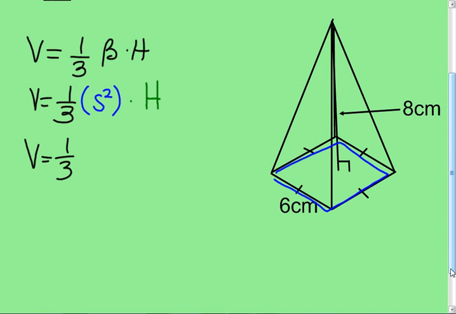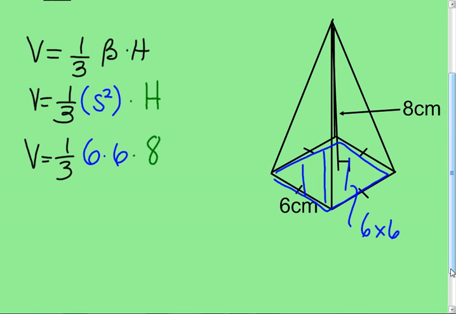I want the area of this square. What's the area of that square? It's 6 times 6. I'm going to write it out that way. And then the height is 8. And I can take 1/3 of 6. Now, you guys could put this on your calculator.